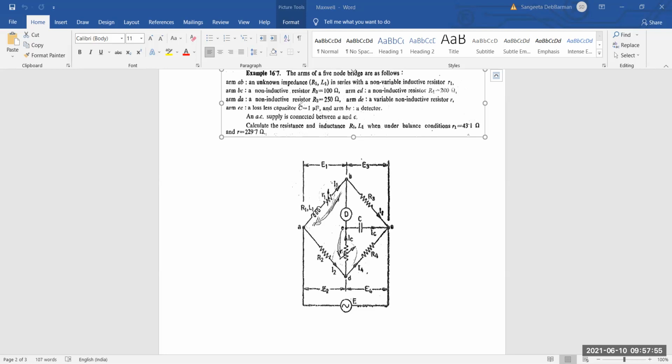Arm AB, unknown impedance R1 and L1 in series with a resistor r1. Arm BC, non-inductive resistor R3. And then arm CD, then you have arm DA, then you have arm DE, then you have arm EC. Okay, a big problem.